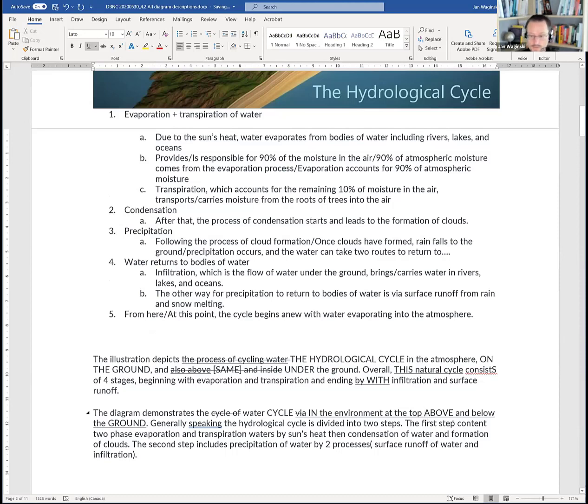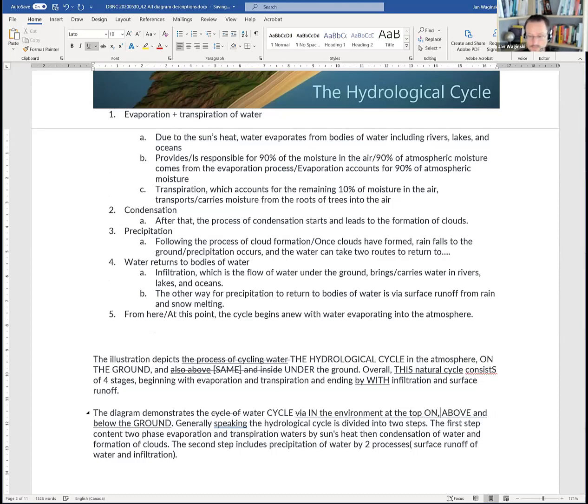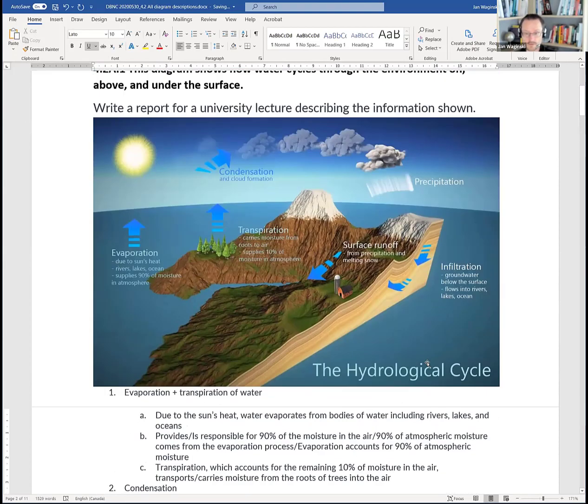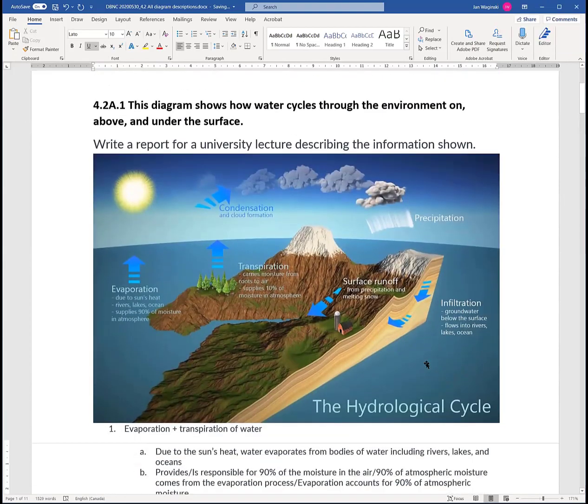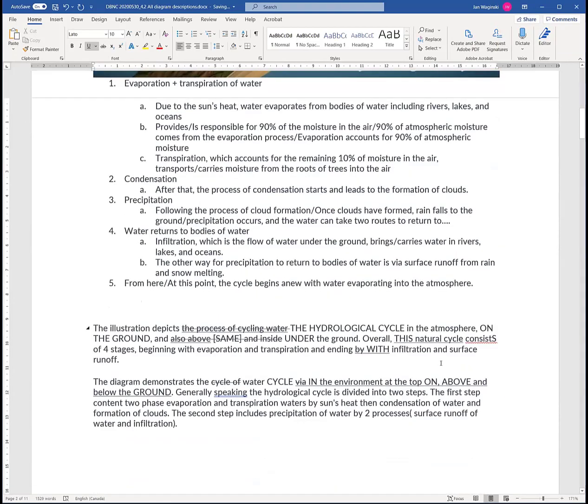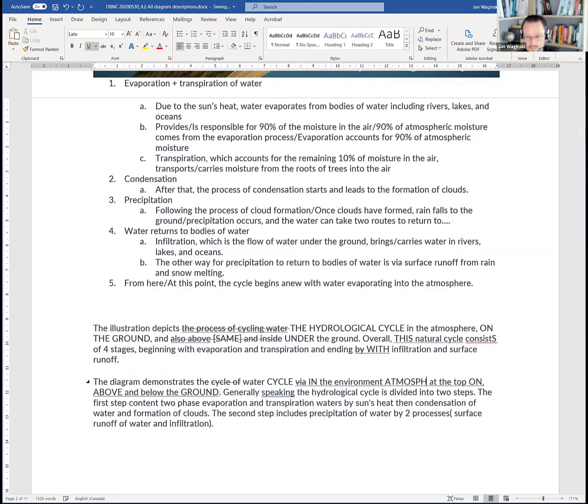Environment. On, above, and below the ground. Can we do that? Same thing. That's basically the same. Atmosphere. Water cycle. So instead of environment, say in the atmosphere. In the atmosphere.